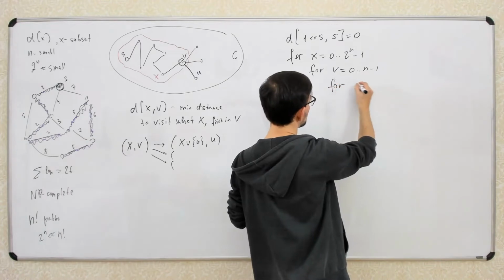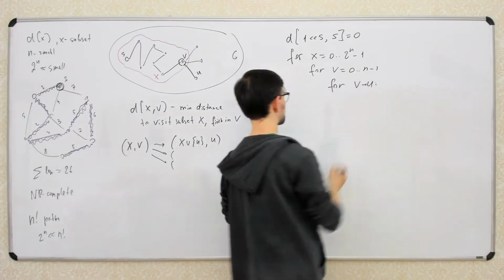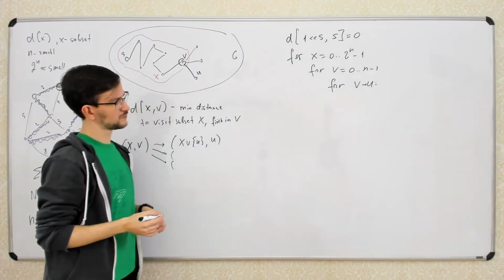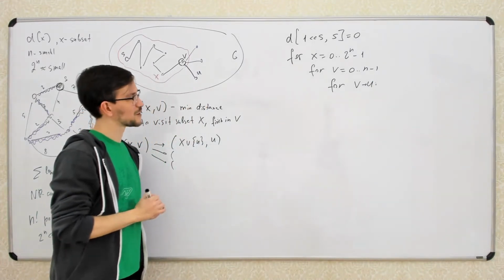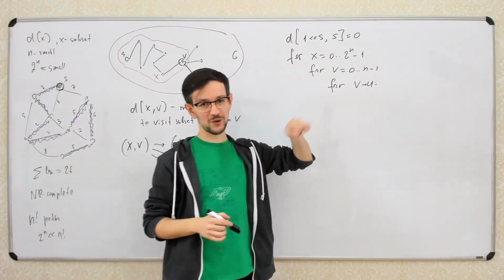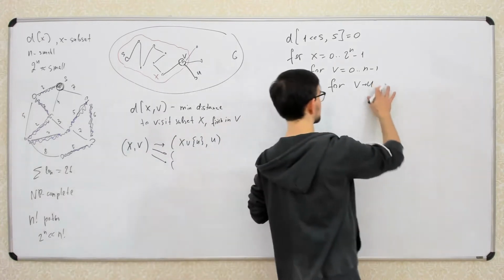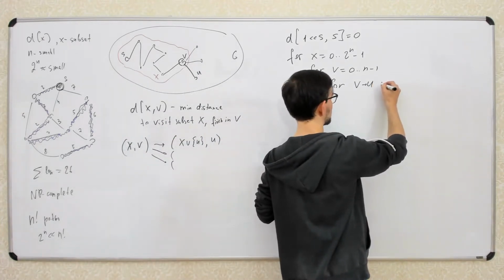Let's iterate for all possible edges VU. Is it clear enough? I'm using kind of strange coding here, but here I iterate on all possible edges going from vertex V. Let's write it like this.